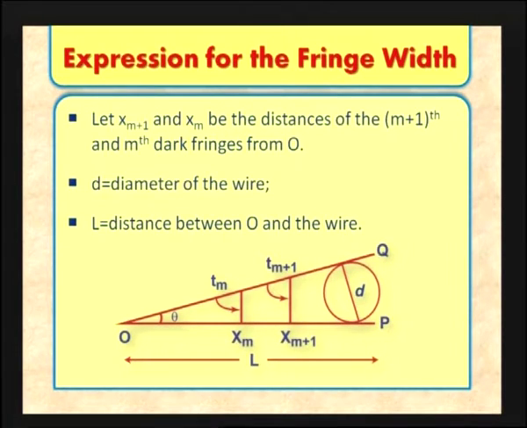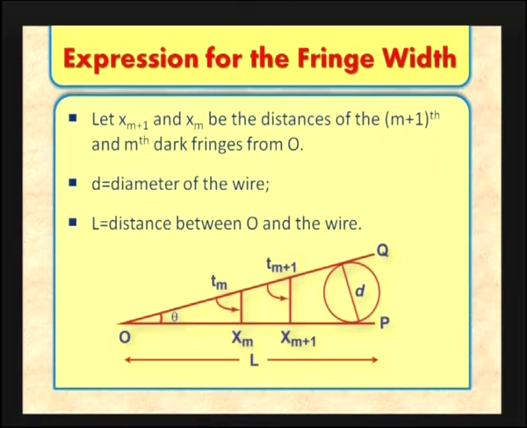Using this expression, it is possible to determine the diameter of the thin wire, which cannot be measured by other methods, say using screw gauge or vernier caliper. Very thin wires, the thickness of thin wires or even the thickness of thin paper can be measured by the air wedge experiment, which makes use of the phenomenon of interference.